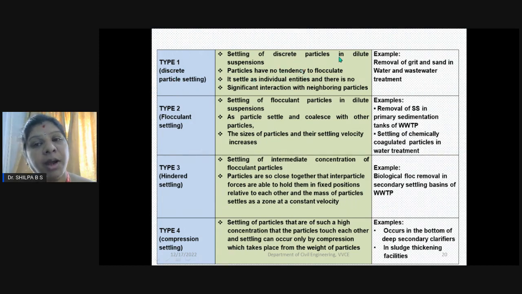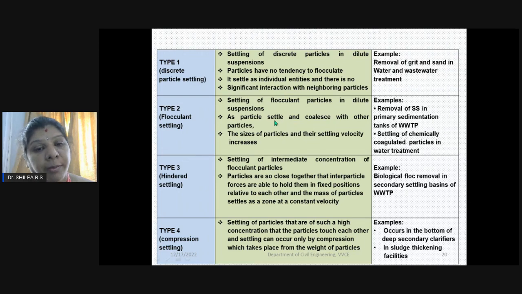Settling of discrete particles in a dilute suspension takes place, and in this zone the particles will not have the tendency to flocculate. They will settle as individual entities. Those particles that remain as individual entities we call discrete particles, and that is why this settling is called discrete settling.